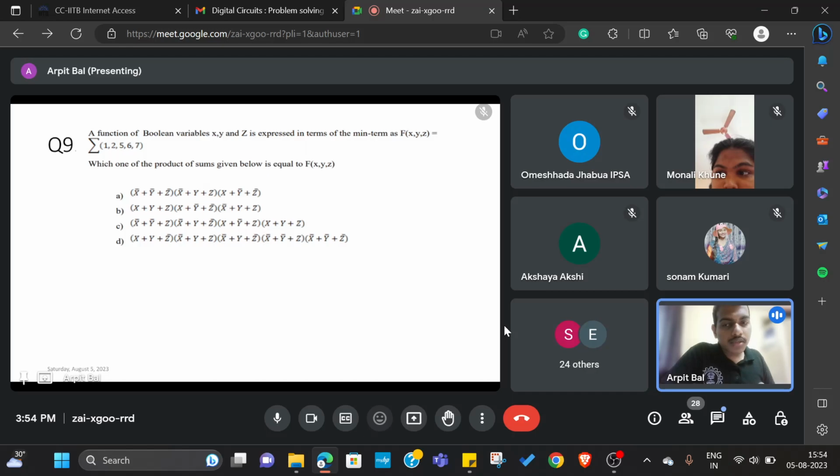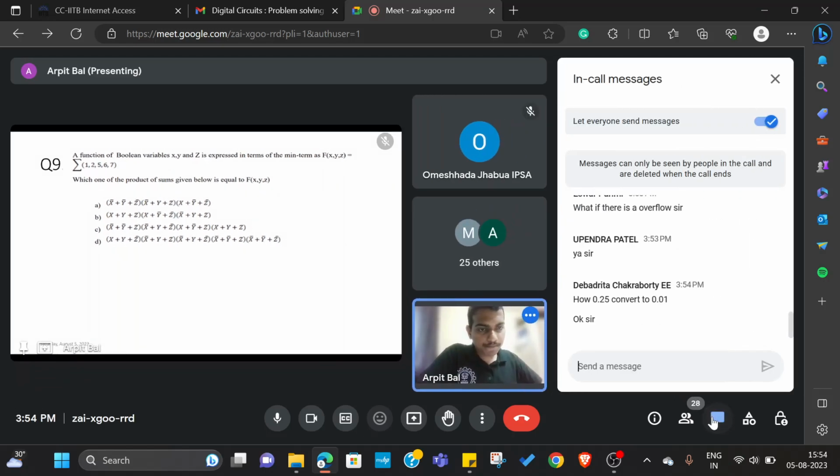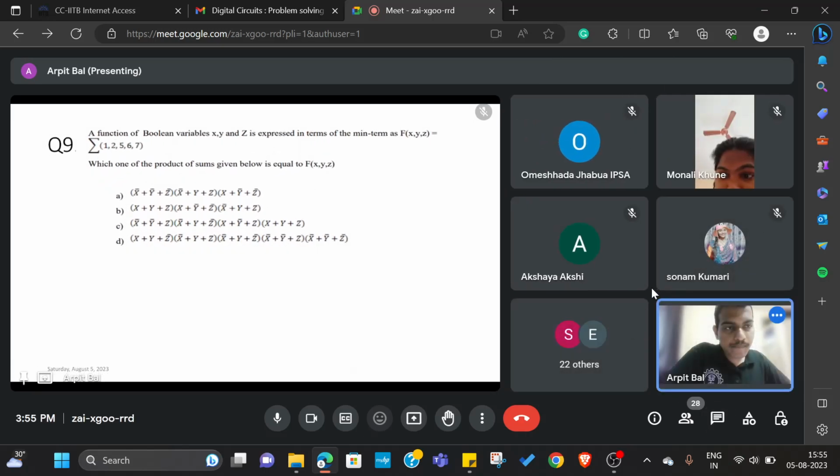So 2 to the power minus 2 is 1 by 4, and 1 by 4 is 0.25. Is that clear? You can remember that 0.1 is actually 0.5, 0.01 is 0.25, and similarly 0.001 will be 0.125, just to make your calculations faster.